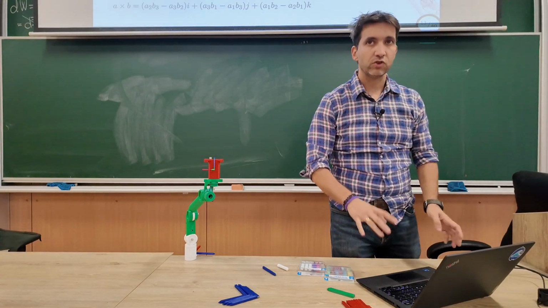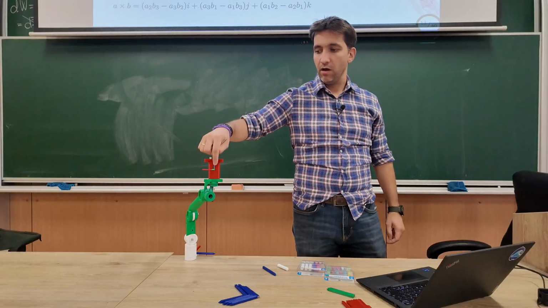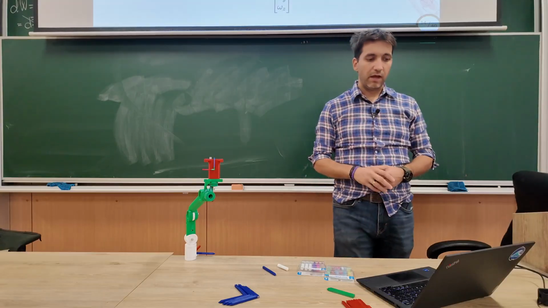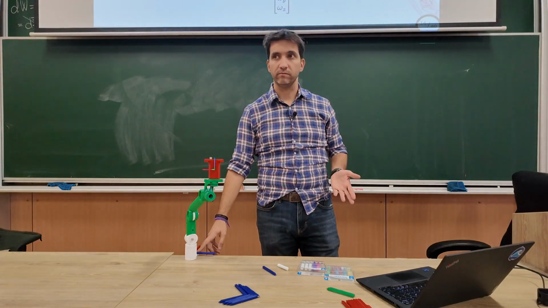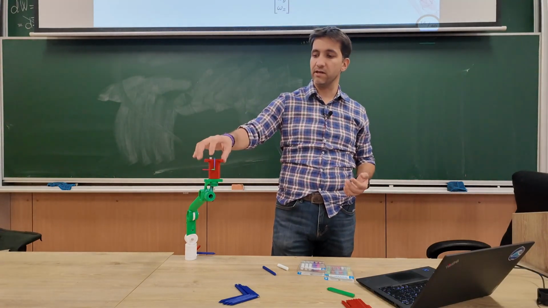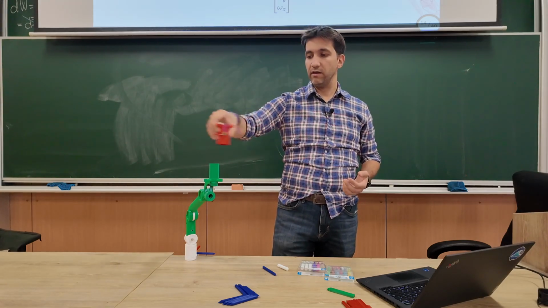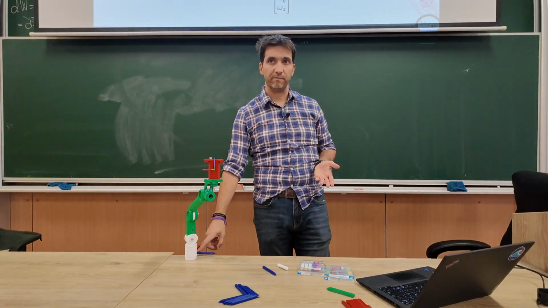Good. So this is the background we need to start talking about velocities of the end effector, right? And we will calculate again the linear and angular velocity of the end effector with respect to a reference frame. That's the goal. I want to know how fast is the end effector rotating and translating with respect to a reference frame.